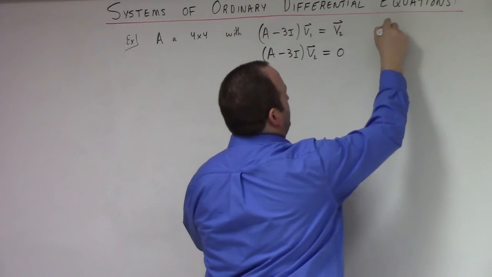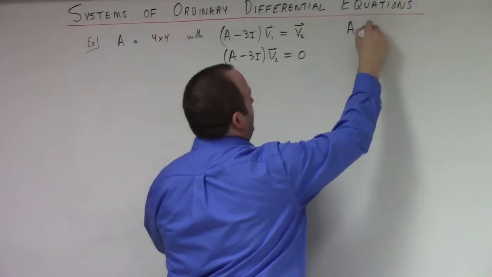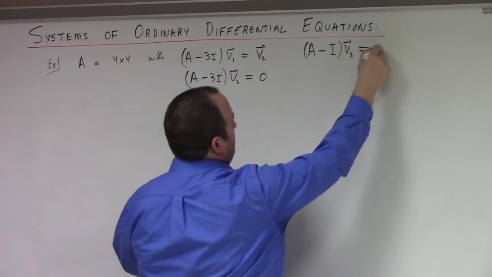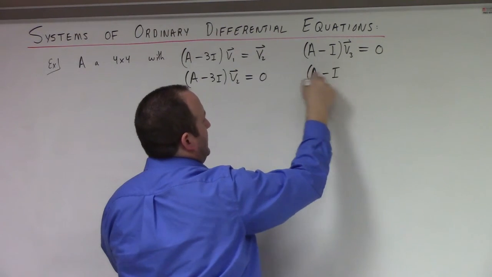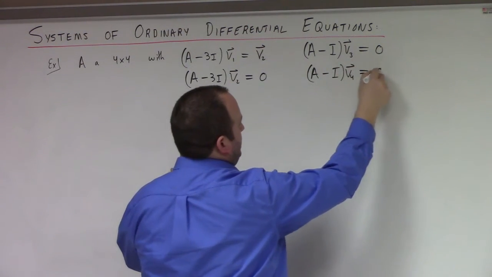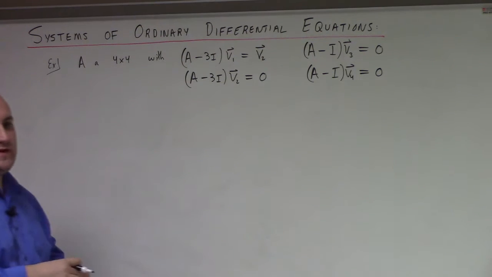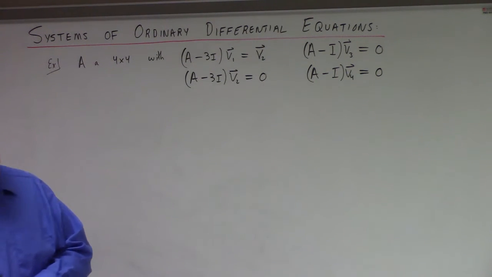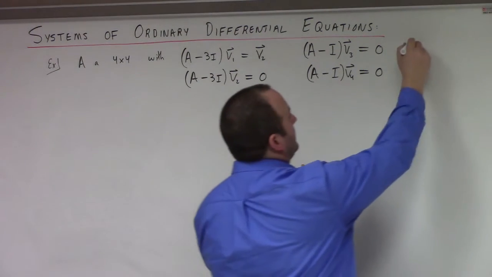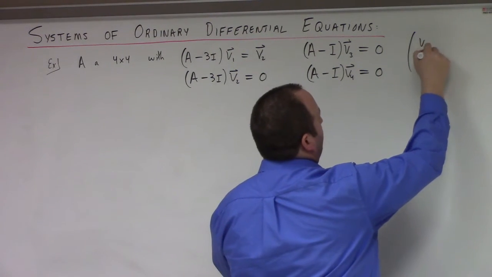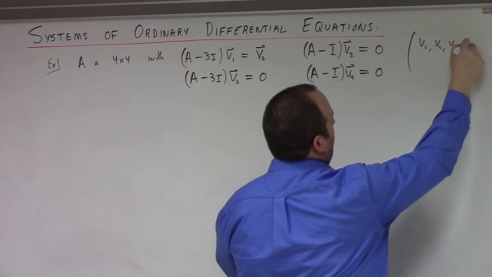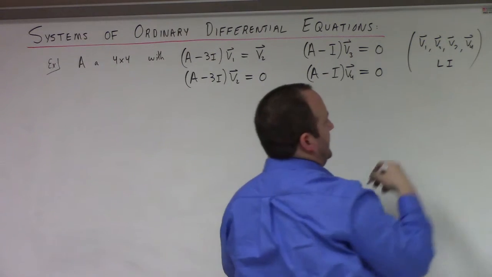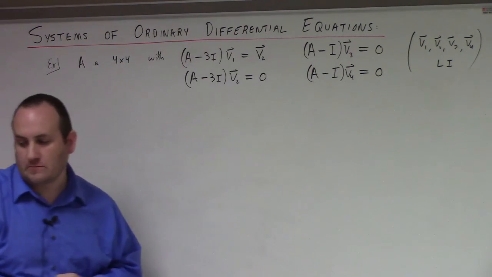And let's also suppose that A minus I times V3 is equal to 0, and A minus I times V4 is equal to 0. And I'm assuming that V1, V2, V3, and V4 are themselves linearly independent vectors. That's important. As a set, these are linearly independent.